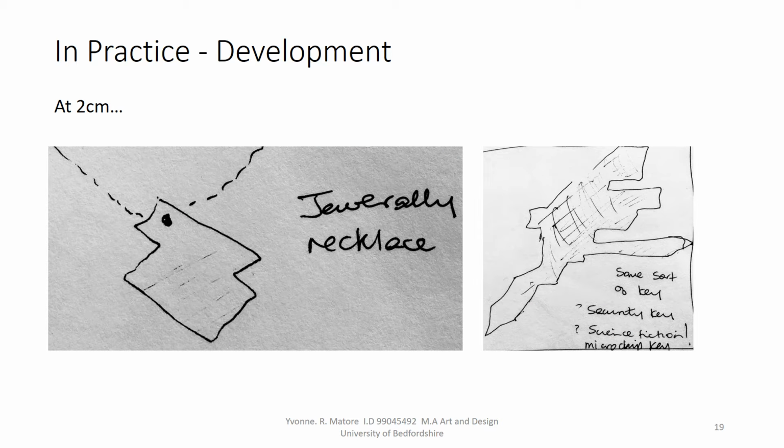Examples of forms that emerged from this exercise are these two forms at 2 centimeters large: one of them could easily be a necklace, and another element of the form could be a science fiction microchip key.